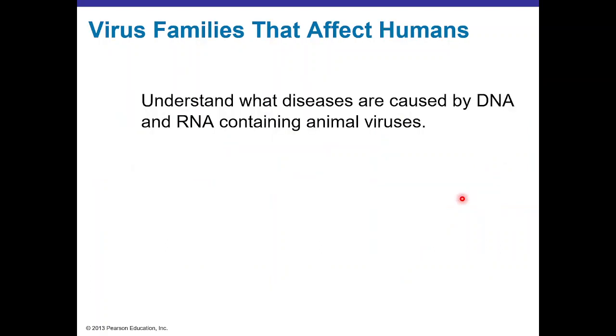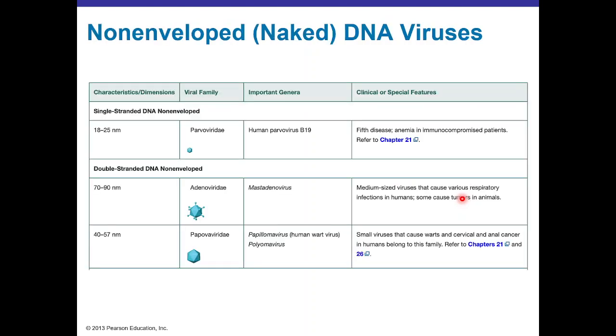Now let's look at some virus families that affect humans. And we're going to understand what are some of the diseases that are caused by DNA viruses and others like RNA viruses. So for DNA viruses that are non-enveloped, for the most part, viruses that are DNA are double-stranded with a few exceptions.